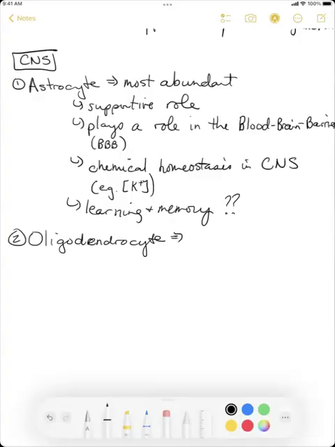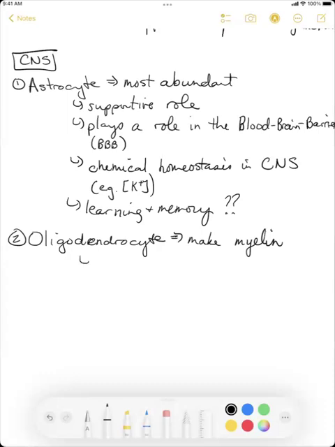These cells make myelin. Now, you may know another type of cell that makes myelin, and we're going to talk about that type of cell, but it's not specifically in the central nervous system. The ones that make myelin in the central nervous system are very specifically called oligodendrocytes.